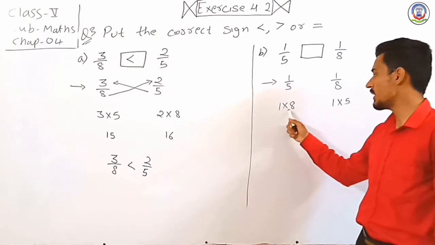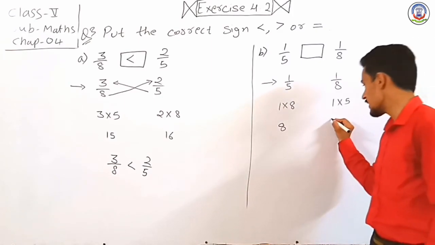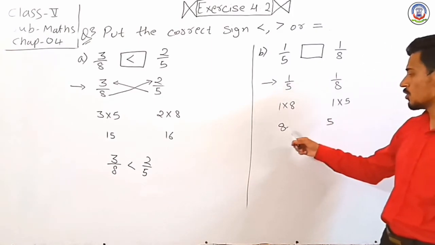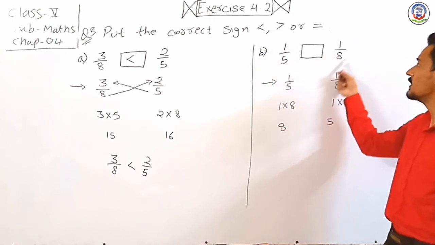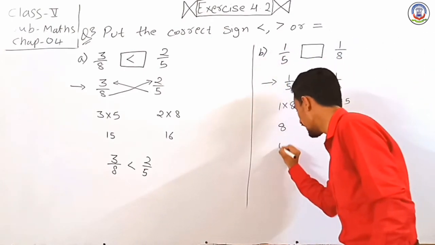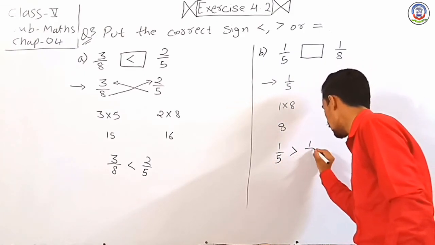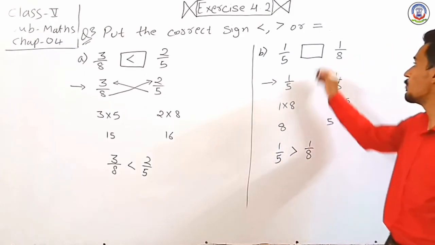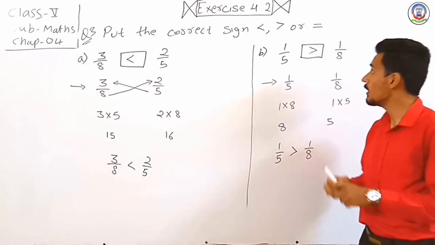So 1 multiplied 8 is 8 and 1 multiplied 5 is 5. So 8 is greater than 5. So this fraction is greater than this fraction. So we can write here 1 upon 5 is greater than 1 upon 8. So we put here the greater than sign towards the 1 upon 5.